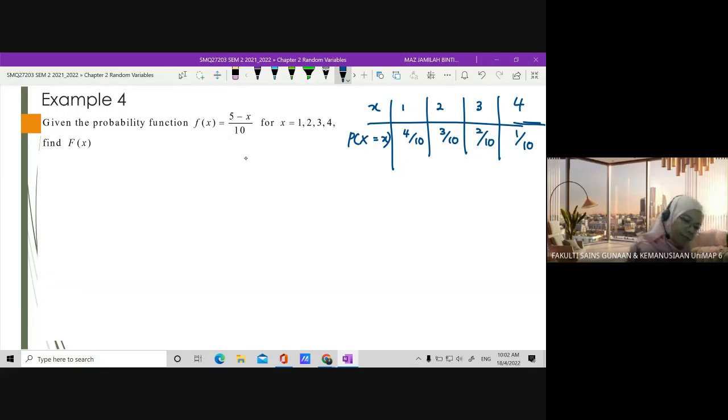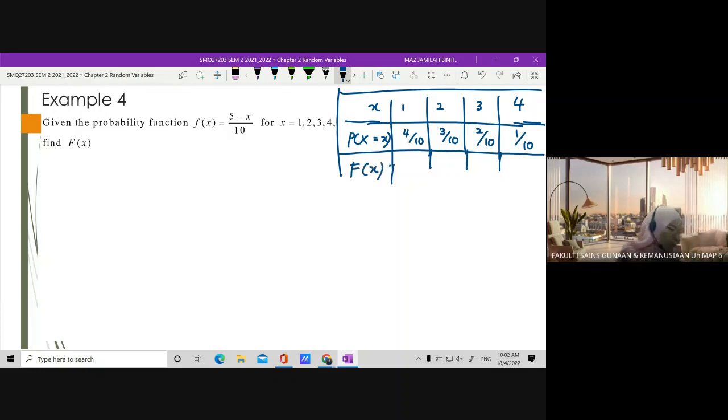So this is a probability distribution. Now we have our probability distribution. Now we need to find F(x). So our F(x) here is the one that we wish to find. So x, i equal to 1, i equal to 2, i equal to 3, i equal to 4.